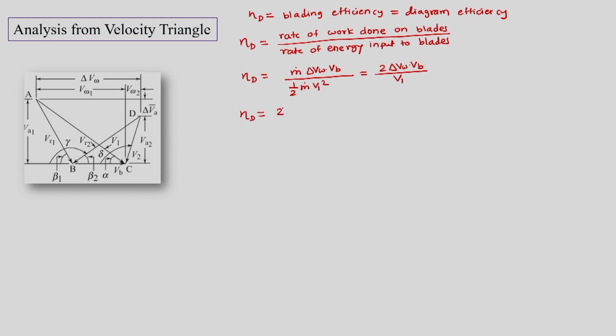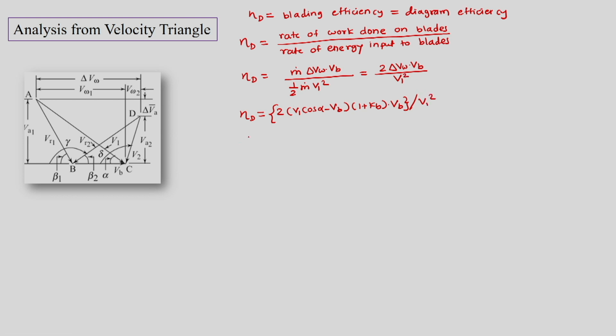So we can put that and say this is equal to 2 into V1 cos alpha minus VB into 1 plus KB into VB divided by V1 square.